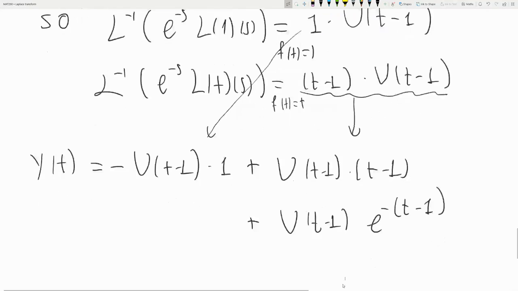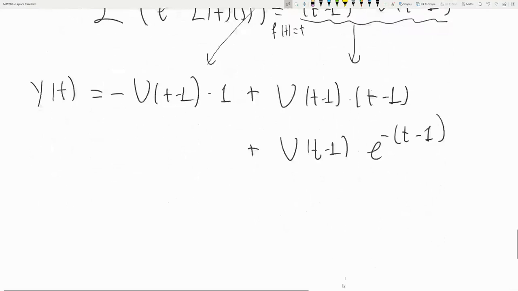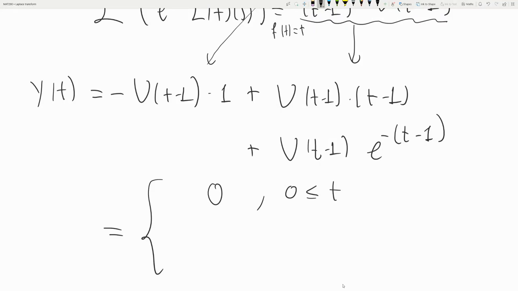And that's the solution. But I have a clean form. So this guy is 0 for t less than 1. And it's the following guy plus t minus 2 when t is bigger than 1.